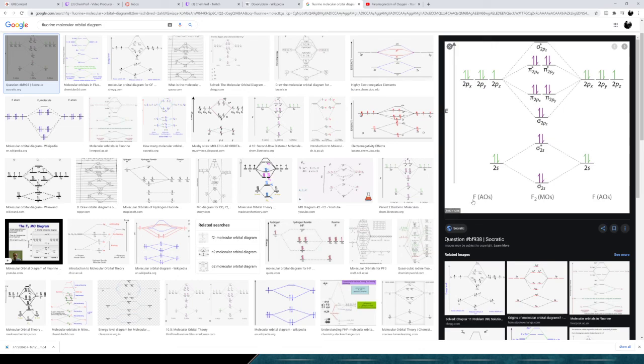So we've got our atomic orbitals on the left and the right, and we've got our molecular orbitals in the middle. Exactly. So theoretically, yes, that's correct for that logic. So when you're doing these, you can always Google how you're seeing them, and so yeah, it's exciting.